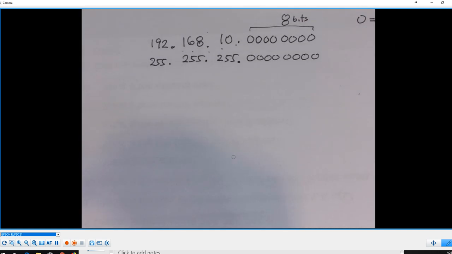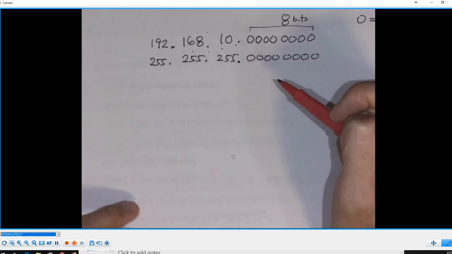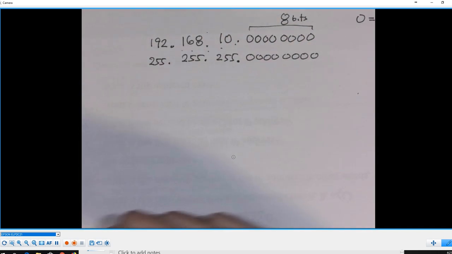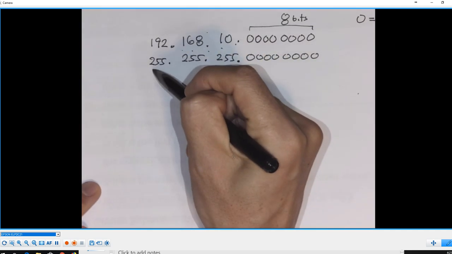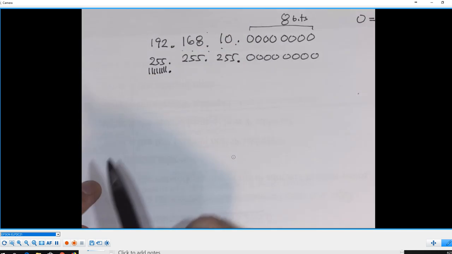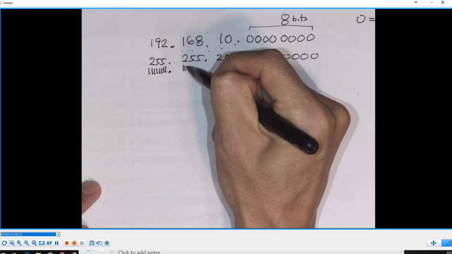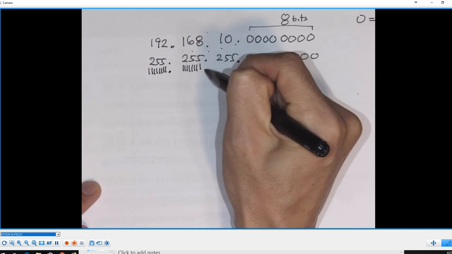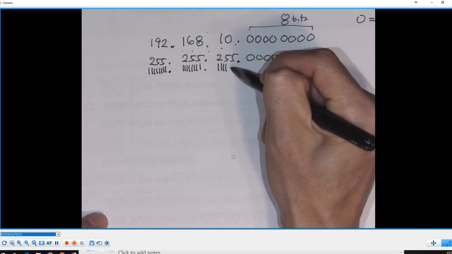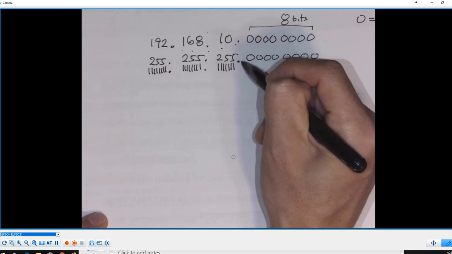And to find the network portion, you always draw the line where the 1s end. If I convert 255 into binary form, it's eight 1s. So 255.255.255 is all 1s, then dot 0, 0, 0.